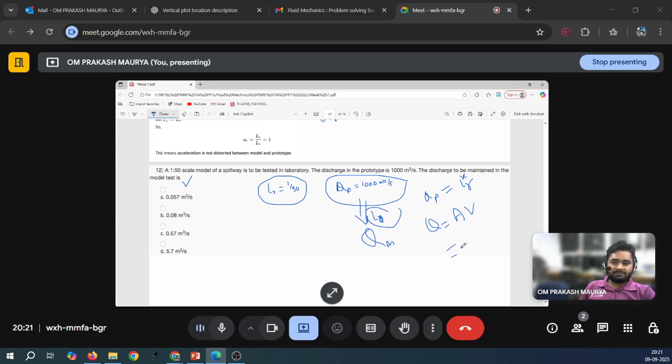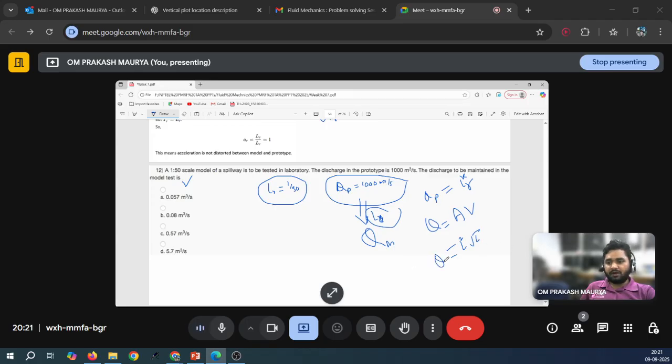Area is L square and velocity is root L. We have already established this. And why am I writing root L? Because as per the Froude law, as per the Froude number.